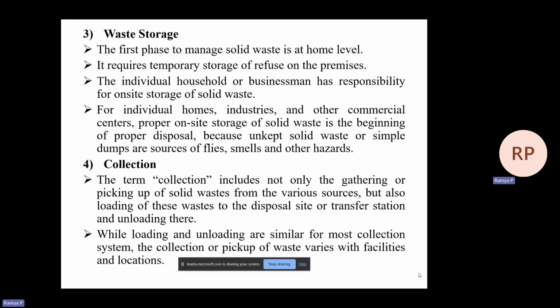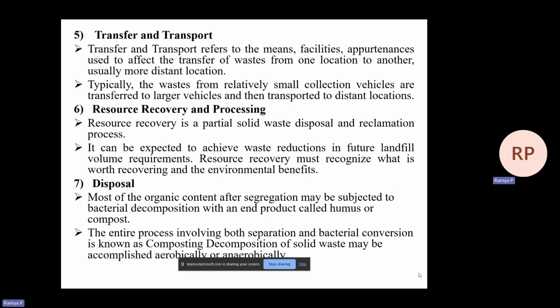While loading and unloading, most collection systems or pickup of the waste vary with facilities and location also. The next one is transfer and transportation. Transfer of waste means we need to move the waste from one location to another, either a short distance or a more distant location.